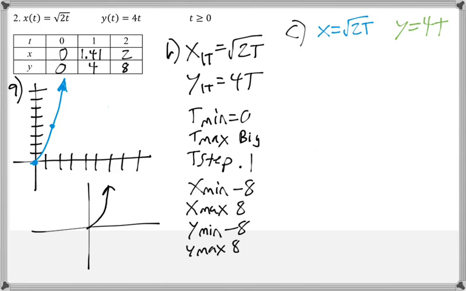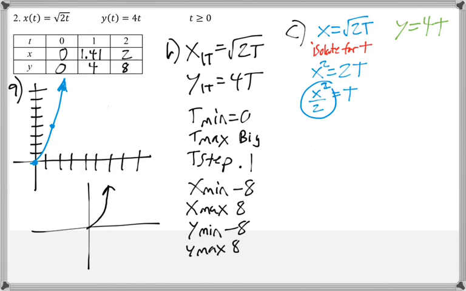So I'm going to start by isolating for t in my x. So if you square both sides, you get x squared is equal to 2t. And then if you divide both sides by 2, then t is equal to x squared over 2.